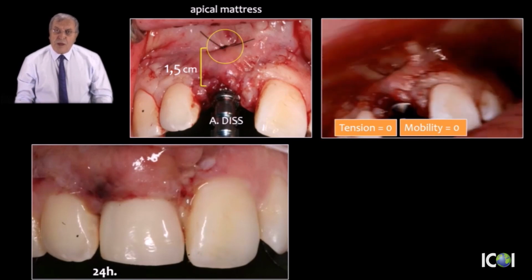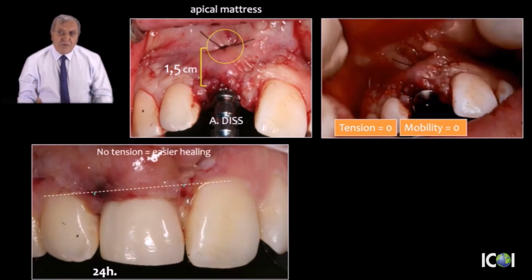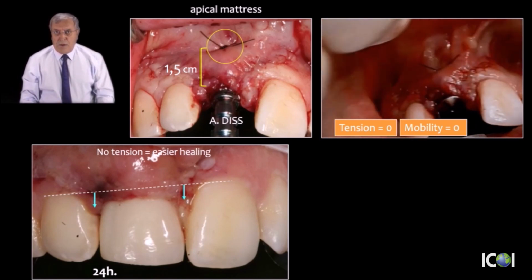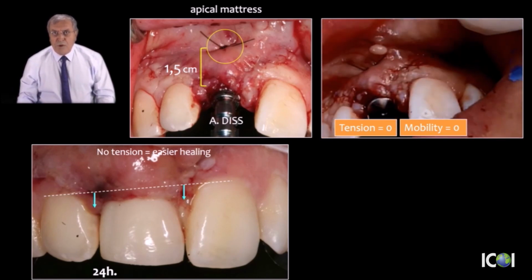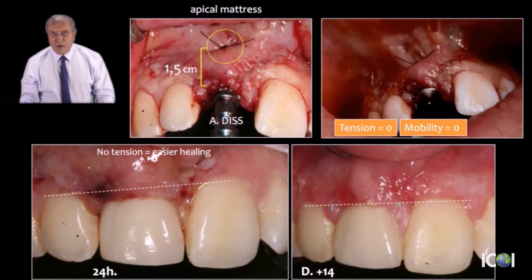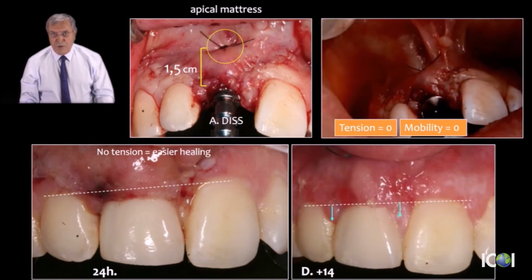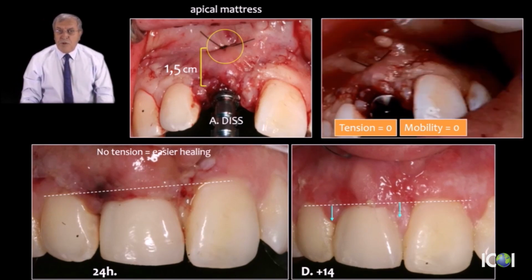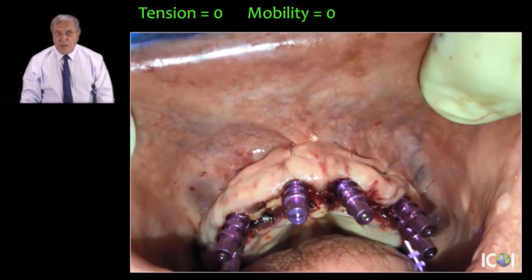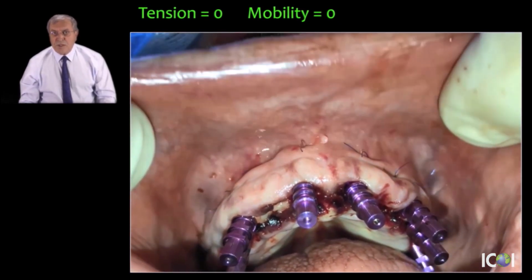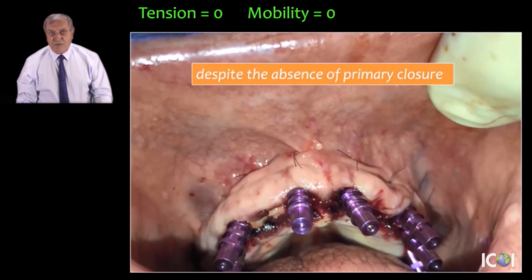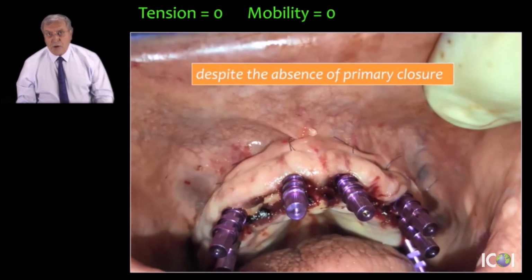And when you have no tension, the normal behavior of the gum is to move down. And this is what will happen. When you have no tension, you will see a very nice growth of the soft tissue, and it will be stable. When we do an apical mattress, even if we pull the lips, we see that there is no mobility, even if there is not yet a primary closure.